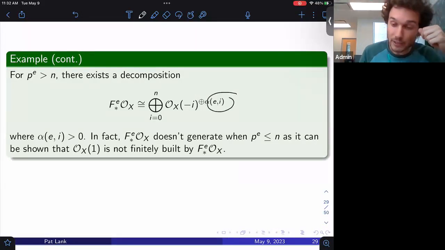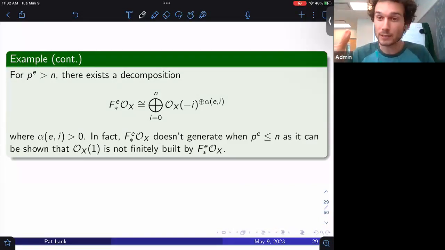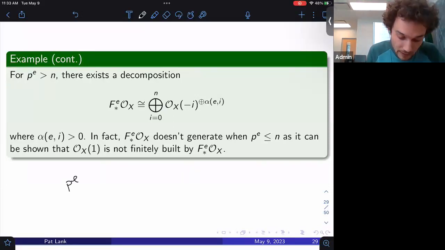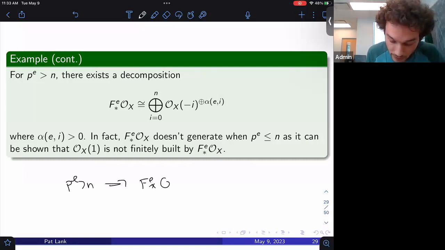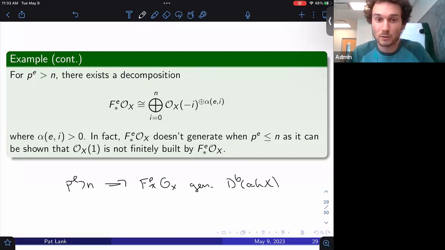The multiplicity of each is positive, but I at least attain one copy for each twist appearing in Beilinson's collection. Well, I know that Beilinson's collection generates, so that tells me that this generates D^b coh X. So when p^e is bigger than n, this tells us that F^e_* O_X generates D^b coh X, again when X is the projective space.